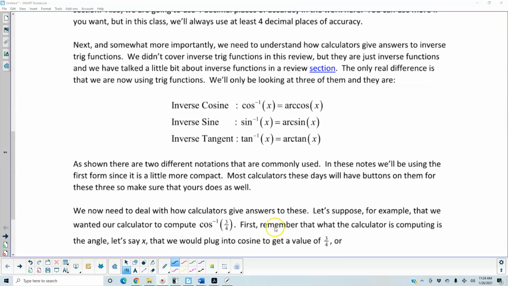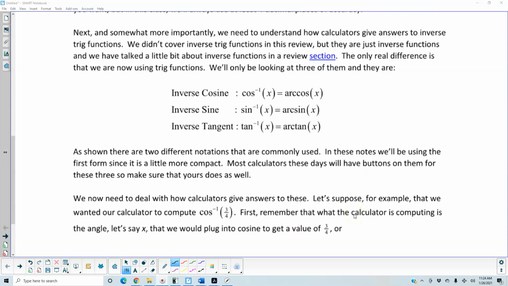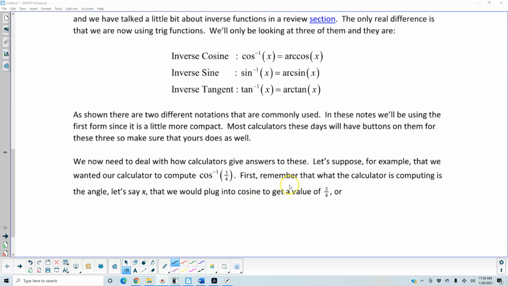We now need to deal with how calculators give answers to these. Let's suppose, for example, that we wanted our calculator to compute cosine inverse of 3/4. First, remember what the calculator is computing is the angle, so let's say x, that we would plug into cosine to get a value of 3/4.